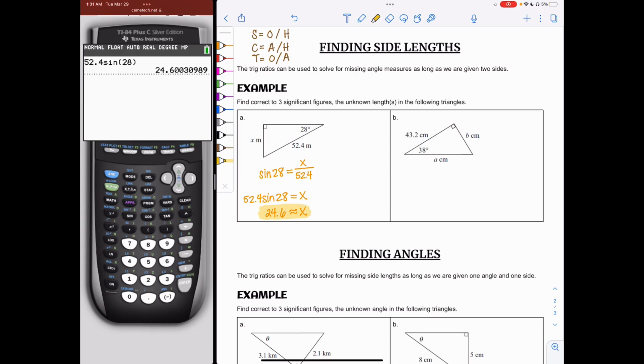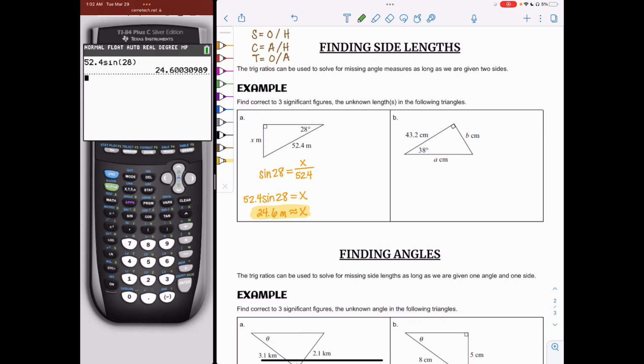All right. So next, let's look at part B. Okay. So part B states that you have a right triangle. We can see that the angle that is given to us is 38. And we have sides A and B that we want to find out.